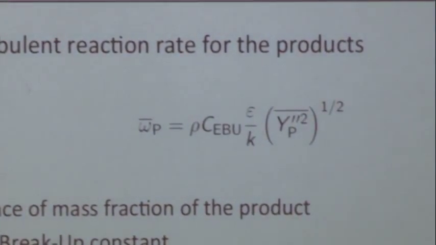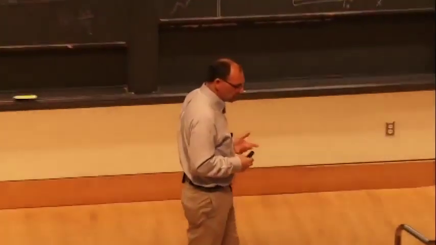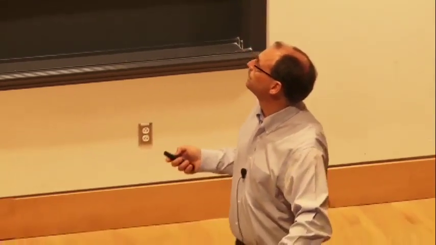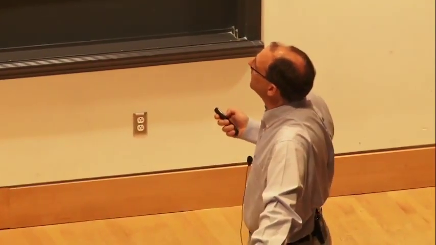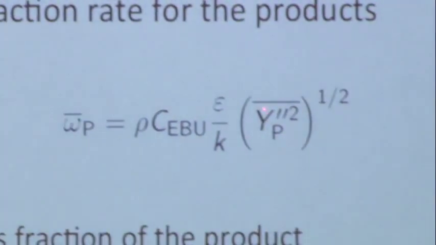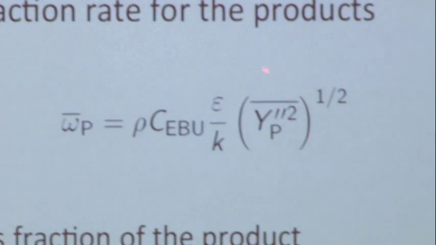Why is the product mass fraction here? Because actually it's the variance of this. So if there's no product, you can't preheat the unreacted mixture. So the idea here, basically, this looks very much like a dissipation rate.